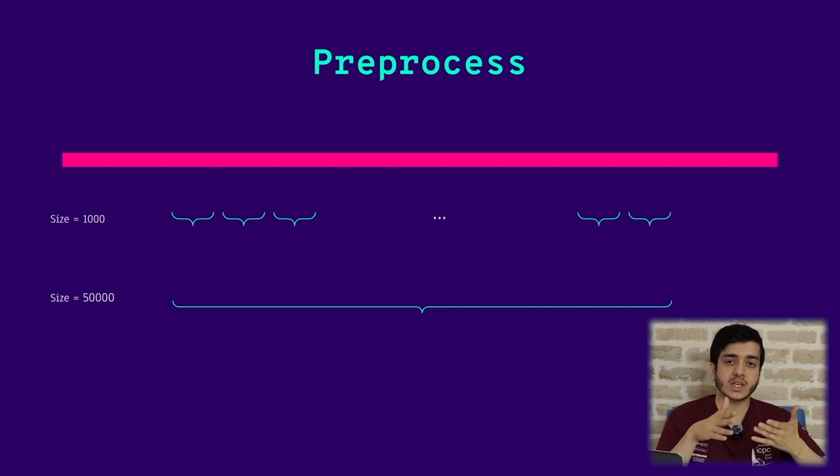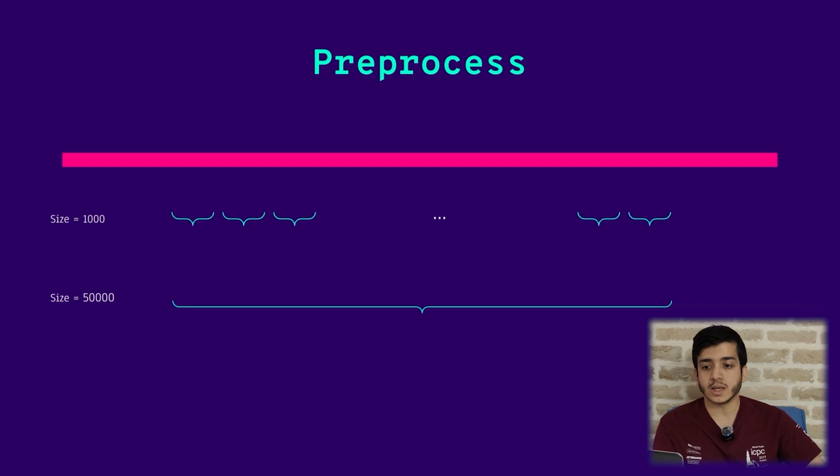And also we can use the same trick to calculate the minimum in blocks of size 1000 by using 20 blocks of size 50. So during preprocess, we first calculate minimum for our blocks of size 50, and then for 1000, and then for 50,000.